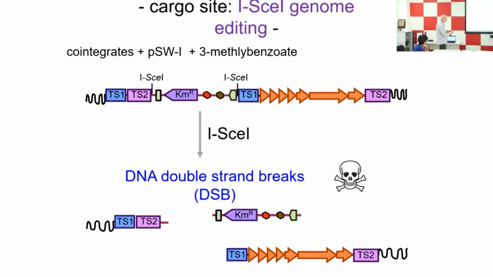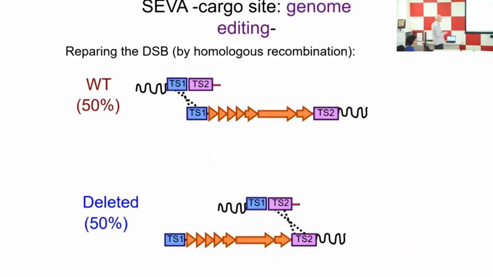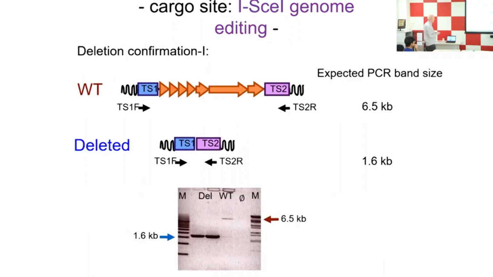So once you have the co-integrate and you cleave the DNA with this enzyme, then either you recover what you had at the beginning, or you just eliminate the segment that you wanted to eliminate at the beginning, okay? That's exactly what happens, and therefore chances are that you will have 50% recovery of the wild type and 50% recovery of the deleted strain. That is what you wanted to have at the end.